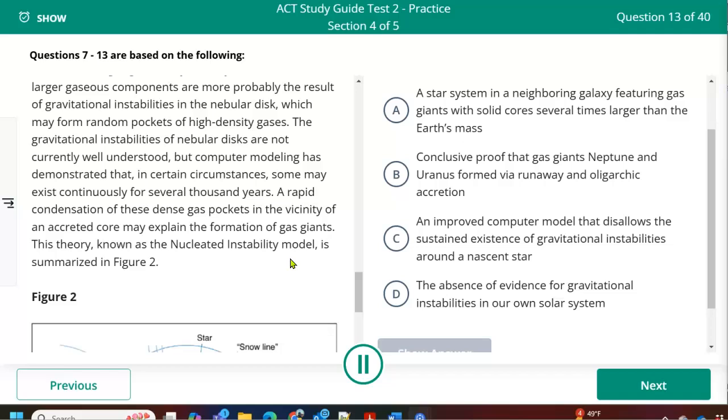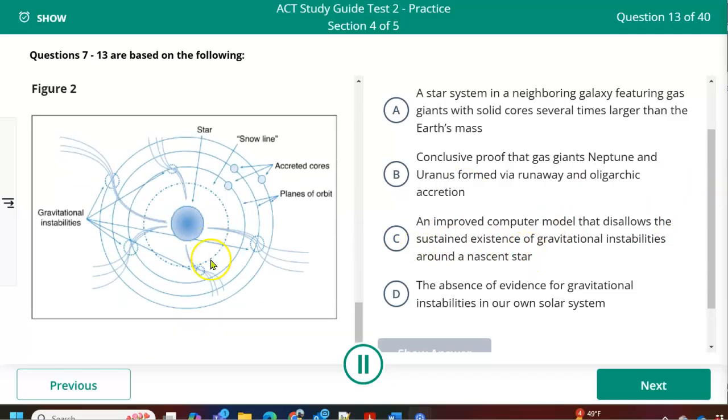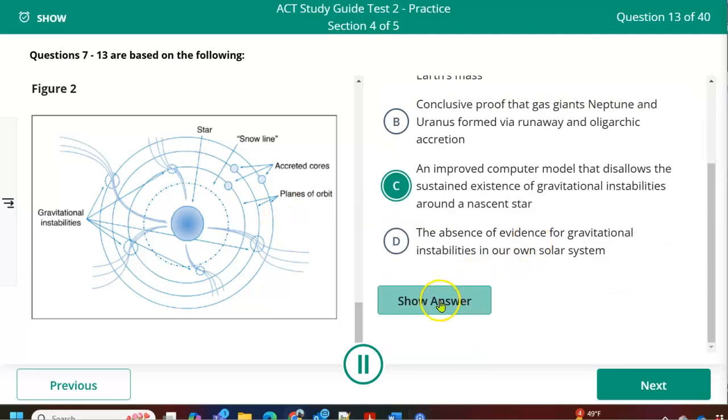We needed the gravitational instabilities a long time ago. But if we have a model that said, no, you're not going to have these gravitational instabilities around a nascent star, then the whole theoretical model is gone.